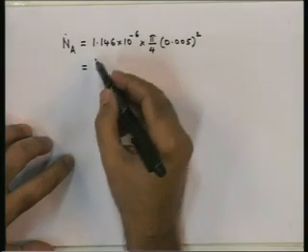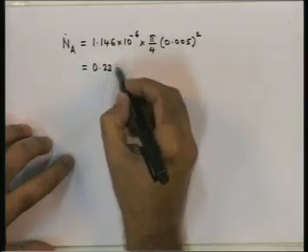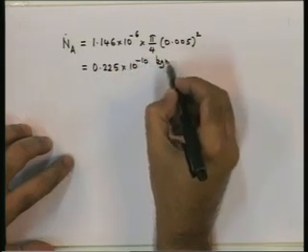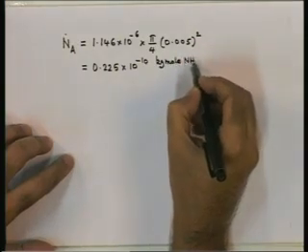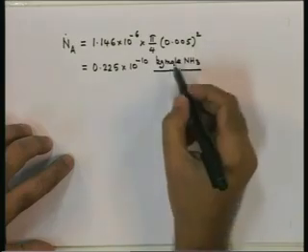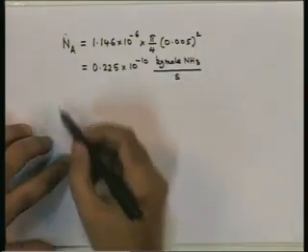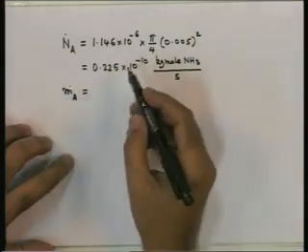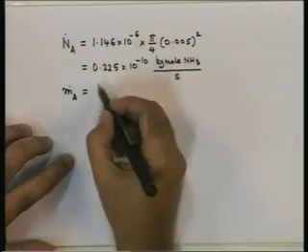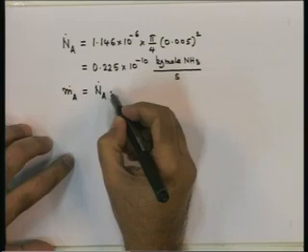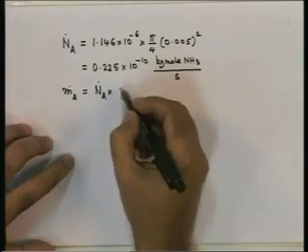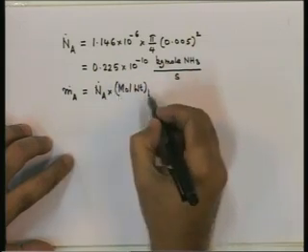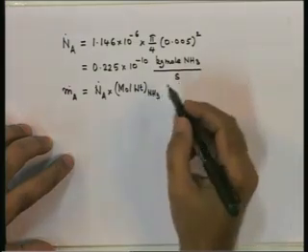This turns out to be 0.225 × 10^-10 kilogram mole of NH3 ammonia per second, and the mass flow rate of ammonia will be the molar flow rate multiplied by the molecular weight of ammonia, which is 17.